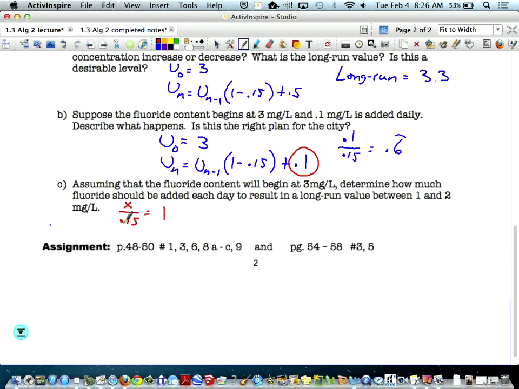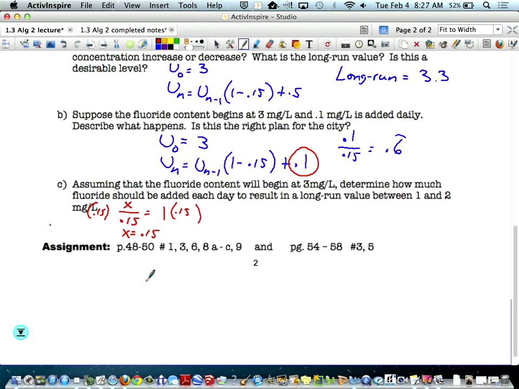Multiply both sides by 0.15, what do we get? 1 times 0.15? Thank you. So adding 0.1 was close, we just need to bump it up a little bit. So that would be the minimum that you could add to this problem.